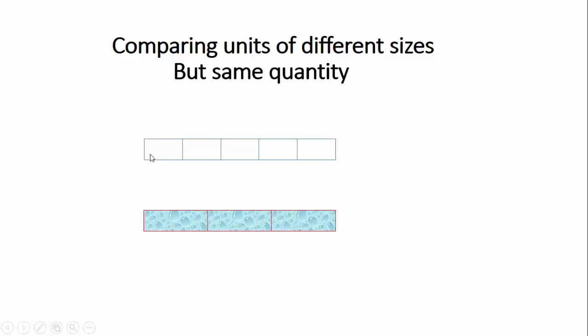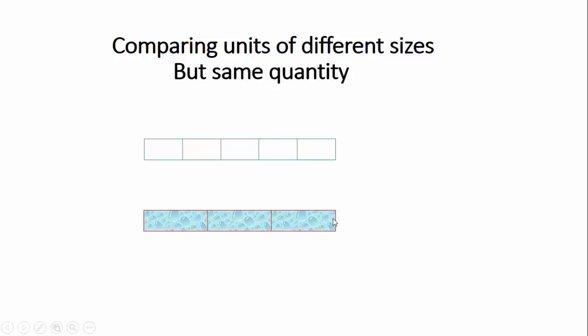The total quantity of these two representations is the same, but the unit sizes used here are different. And if the unit sizes are different, it's very difficult for us to compare how many of these correspond to how many of these.